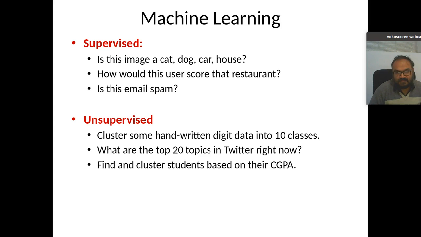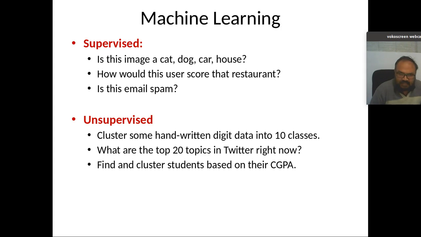For example, if somebody is reviewing a restaurant, he or she would probably give it 1 star or 2 stars or 5 stars depending on his or her experience. Another example is to find out whether an email is spam or a normal, or ham, email.